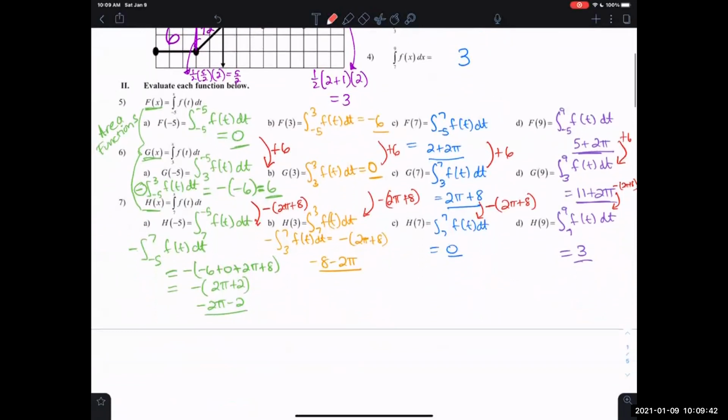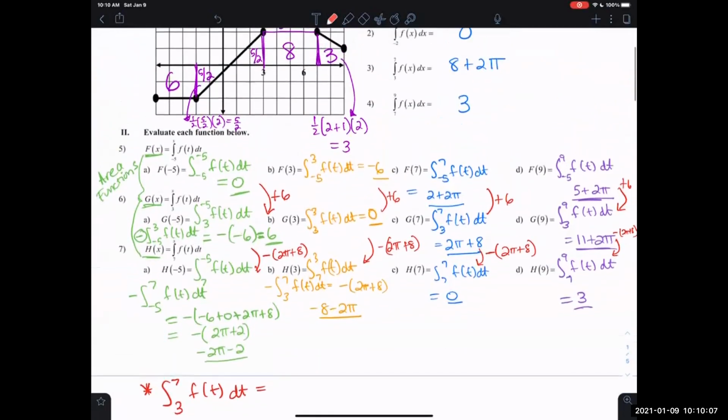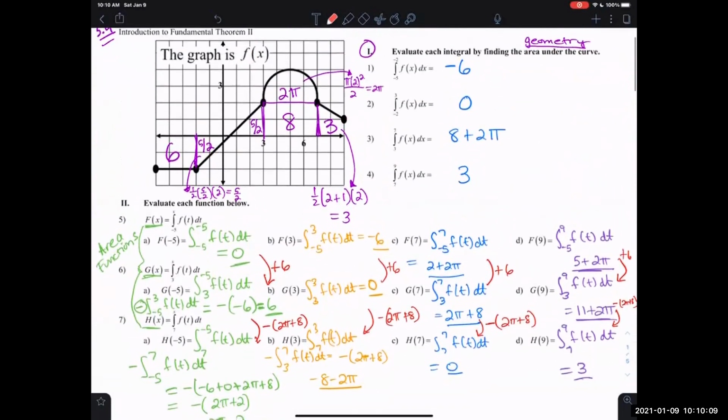So what I wanted to talk about with regard to this page and finishing up this page is to think about a couple of other ideas. Okay, so if I just take our antiderivative of f from 3 to 7, if I think about that, and I go back to the picture, I can very easily see that that answer, right, we already calculated it, was 2 pi plus 8.